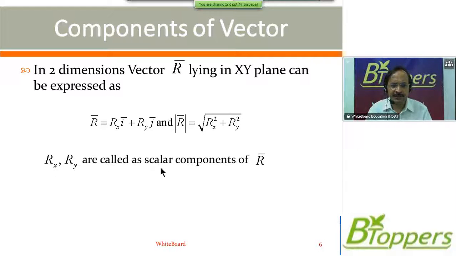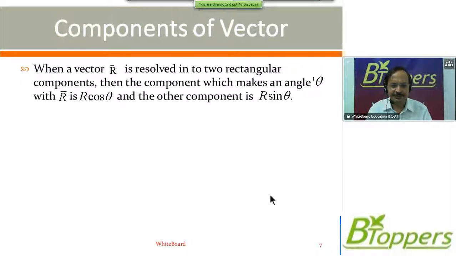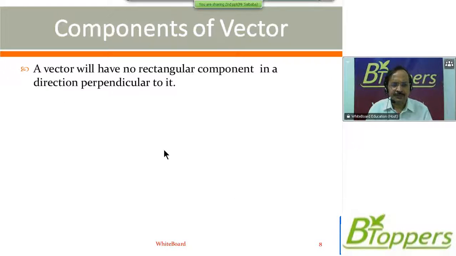Rx, Ry are called scalar components of R bar. When a vector R bar is resolved into 2 rectangular components, then the component which makes an angle theta with R bar is R cos theta and the other component is R sin theta. A vector will have no rectangular component in a direction perpendicular to it.